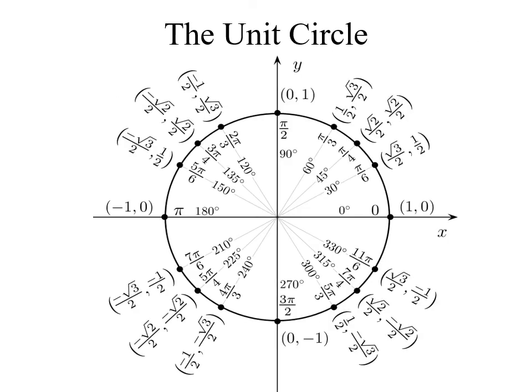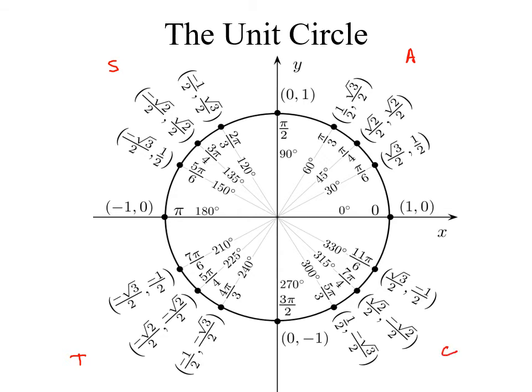So the unit circle looks like this right here. If you've never seen it, it can be kind of confusing or a little bit intimidating, but it's really not that bad. This is the same ASTC chart that we talked about before, where they're all positive, sine and its reciprocal are positive, tangent and its reciprocal are positive, cosine and its reciprocal are positive.